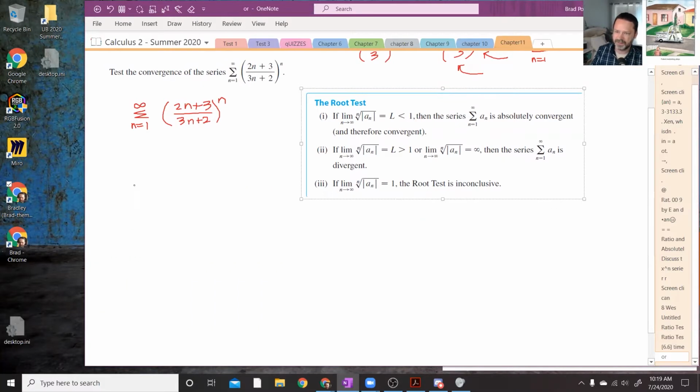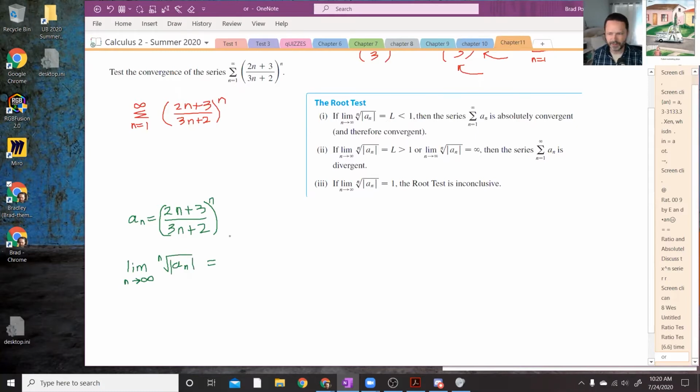So in our case here, we have a sub n is (2n plus 3) over (3n plus 2), all raised to the n. And so if I want the limit as n approaches infinity of the nth root of the absolute value of a sub n, in this case, it's all positive, so we don't need to worry about the absolute value.